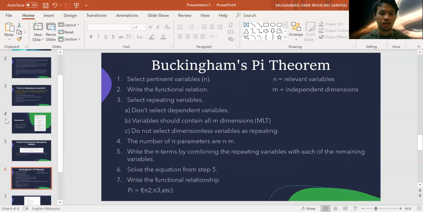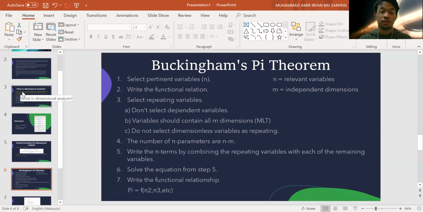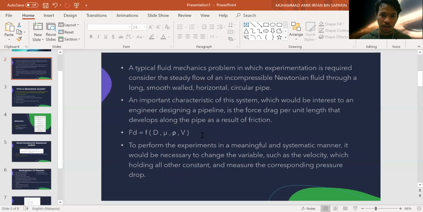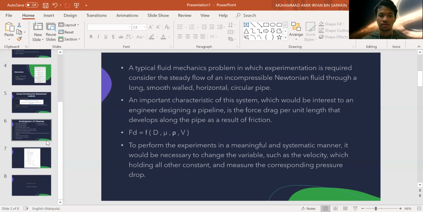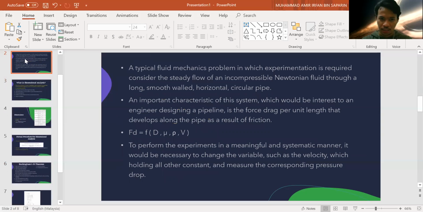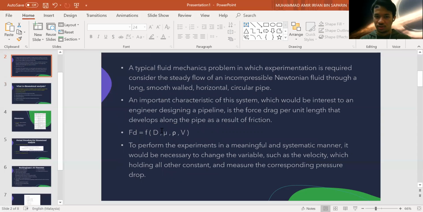Select repeating variables. Before we select the repeating variables, we need to know how many m we have. So m is the number of independent dimensions, which are mass, length, and also time. So we check in this equation. The diameter, its dimension is length.